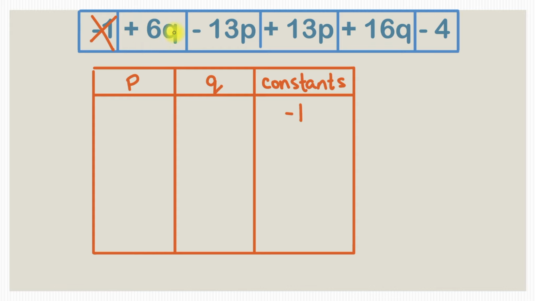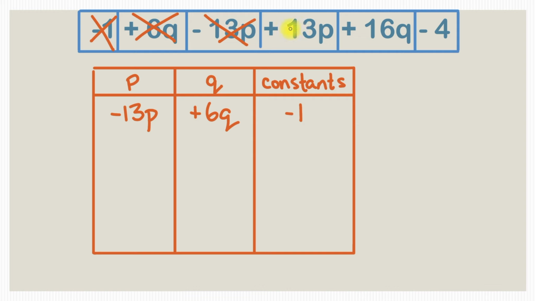That's a q term, so we'll put it in the q column. And then we'll cross it off. -13p is a p term, which means we'll put it in the first column. And then we can cross it off.